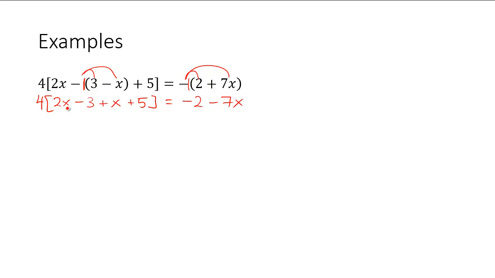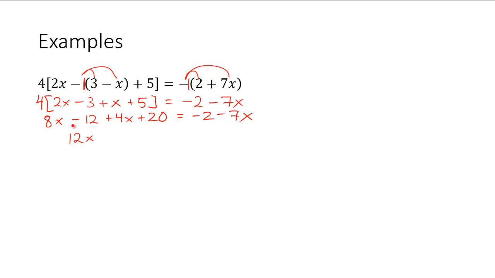All right, we could either collect like terms or we could distribute first. It doesn't really matter, let's distribute it first. So we've got 8x minus 12 plus 4x plus 20 equals negative 2 minus 7x. We've got 8x plus 4x gives us 12x.